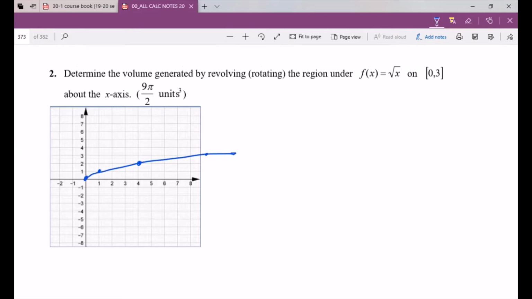We are wanting the volume generated by rotating this about the x-axis. We're spinning this about the x-axis.